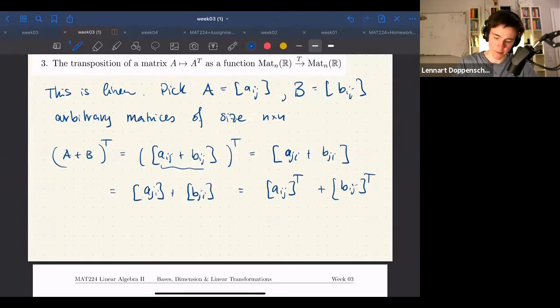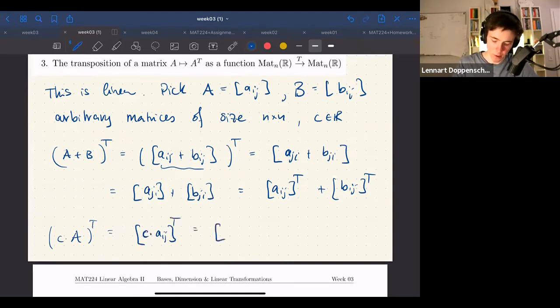Likewise, if we have a real number c, then multiplying the matrix with c just means that every single entry in the matrix will be multiplied by c. So when we transpose this, we see that each a_ij has the same c that it's being multiplied by.